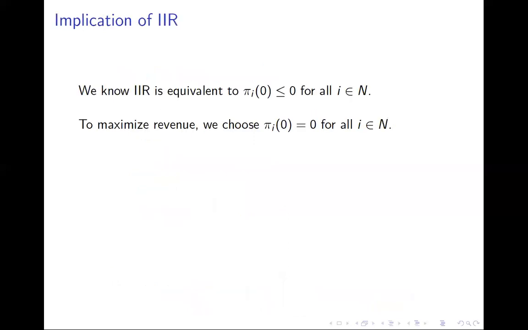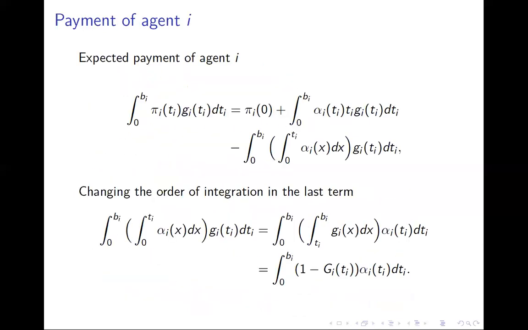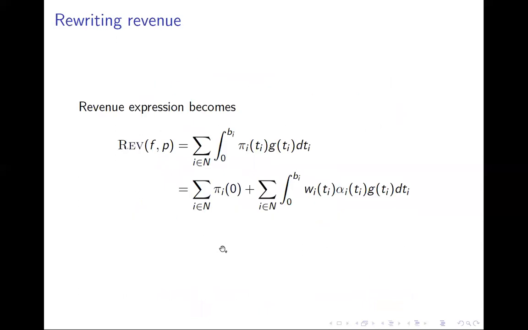Right? We will do one more simplification here. So far, I haven't used the IIR constraint. Remember, the IIR constraint is that π_i(0) has to be less than or equal to 0. We are interested in maximizing this term, and we have full flexibility of choosing our own π_i(0).